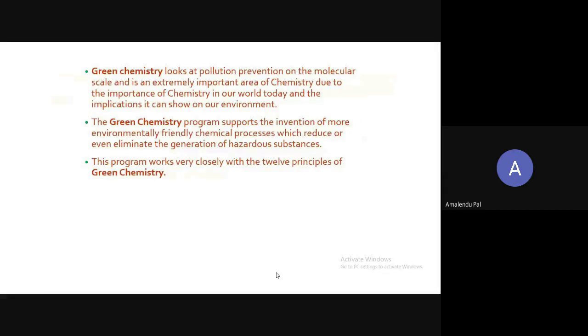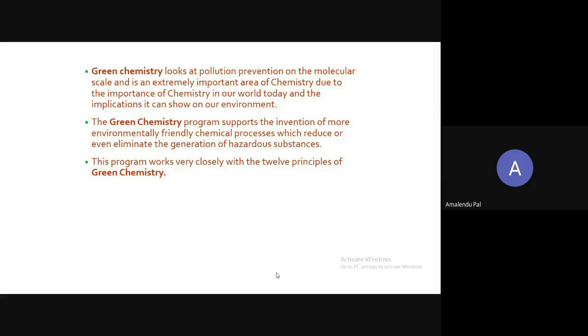Green chemistry looks at pollution prevention at the molecular scale. It is an extremely important area of chemistry due to the importance of chemistry in our world today and the implication it can have on our environment. So green chemistry is a program that supports the invention of more environmentally friendly chemical processes, which reduce, even eliminate, the generation of hazardous substances.